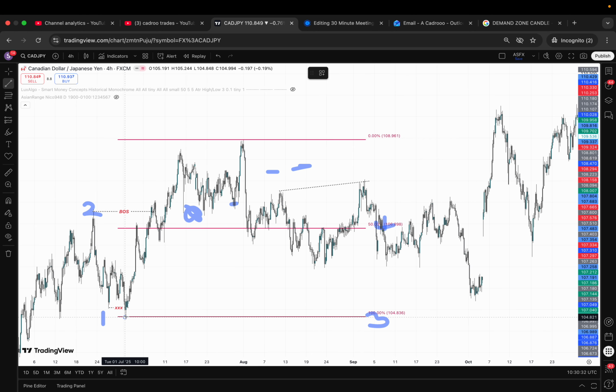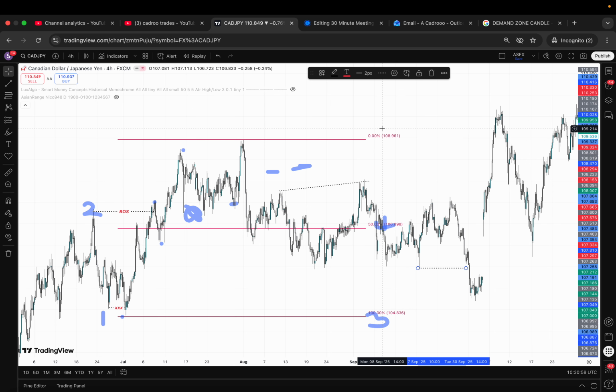We'll mark our structure: higher low, higher low, higher high, higher low, higher high. Which low can we see before the previous low here? This one, level of demand. You can see this level of structure that we expect price to take out.